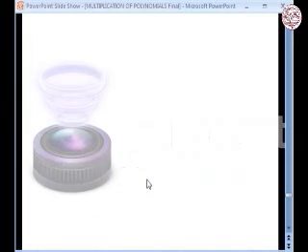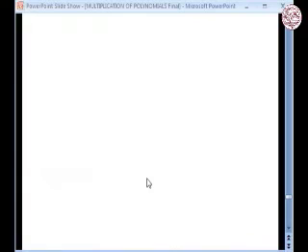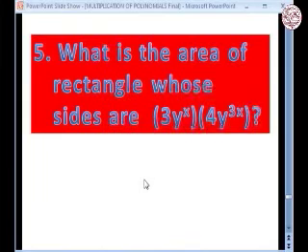Okay, time is up. For question number 5, what is the area of a rectangle whose sides are 3y raised to x times 4y raised to 3x? A. 12y raised to 4.